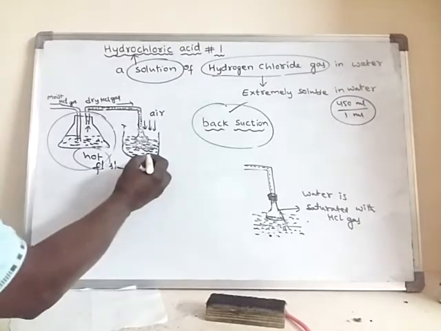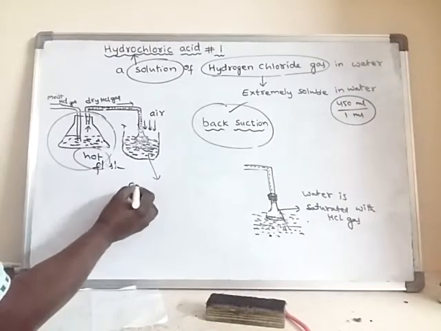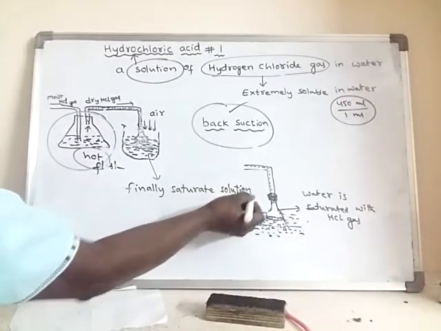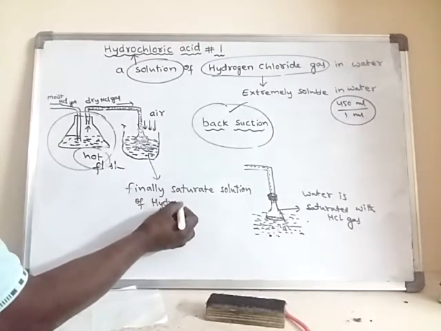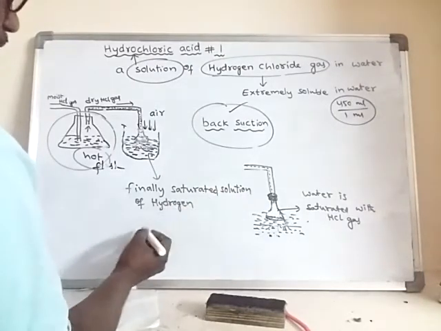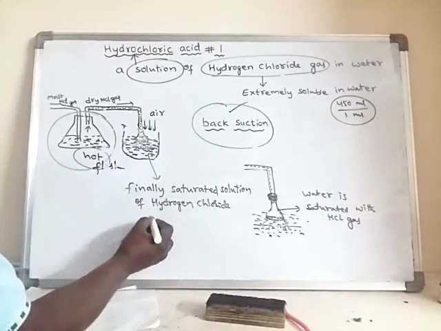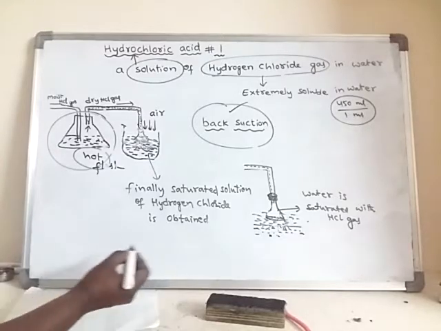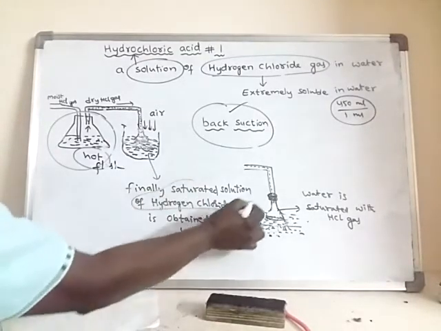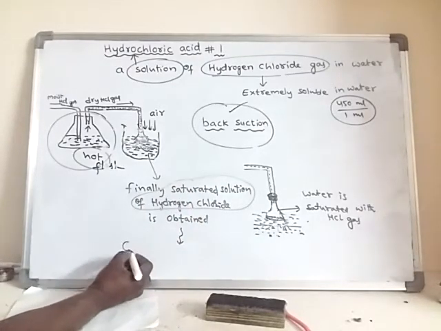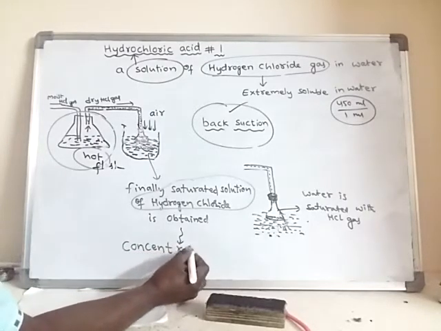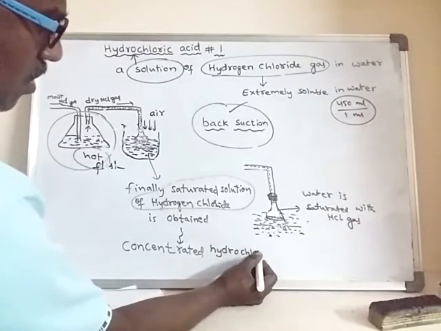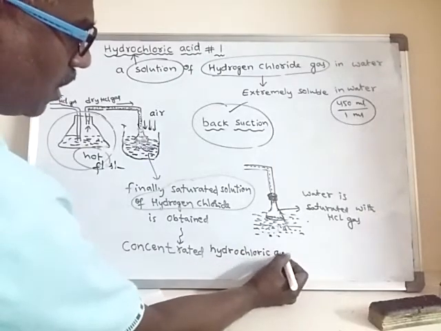This saturated solution of hydrogen chloride is called concentrated hydrochloric acid.